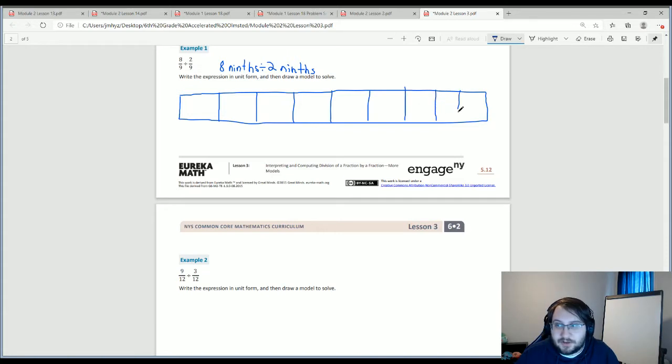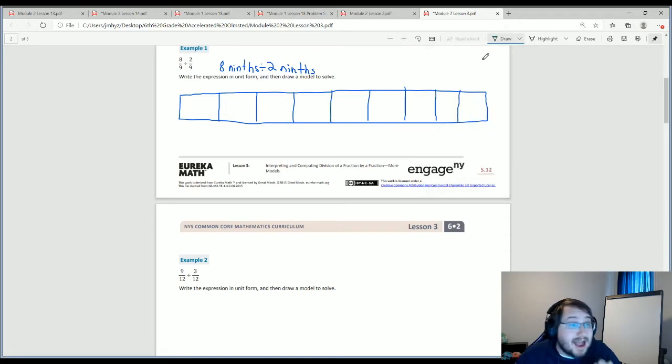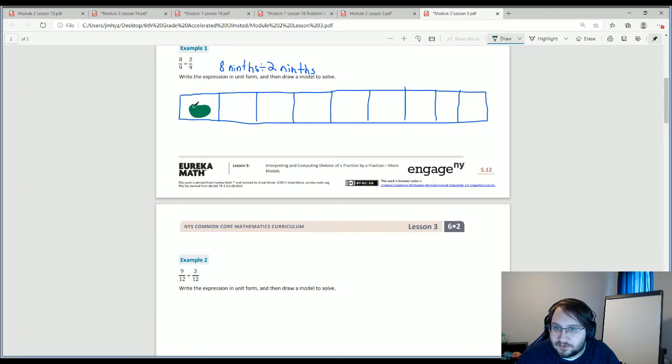That should be 9 pieces right there. Let me make sure: 1, 2, 3, 4, 5, 6, 7, 8, 9. So that's 9 pieces. And how many of those 9 pieces am I worried about to start? I'm only worried about 8 of them. I'm worried about 8/9. So I'm going to make that as thick as it can go so I can shade these in easier.